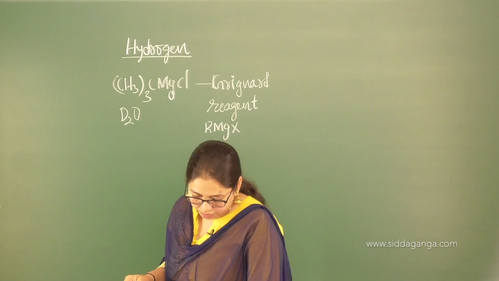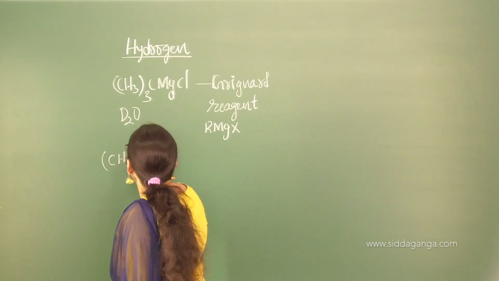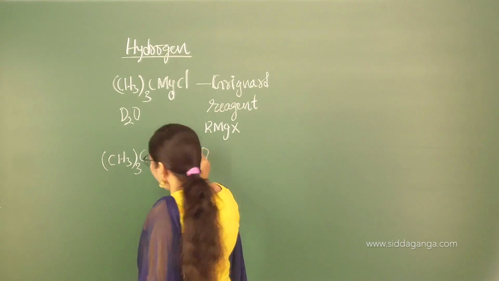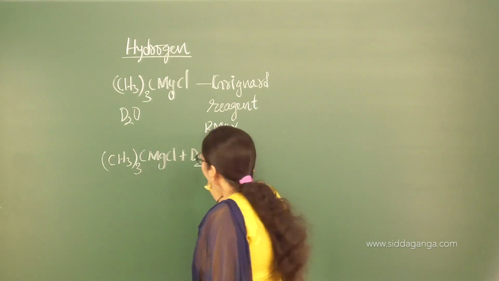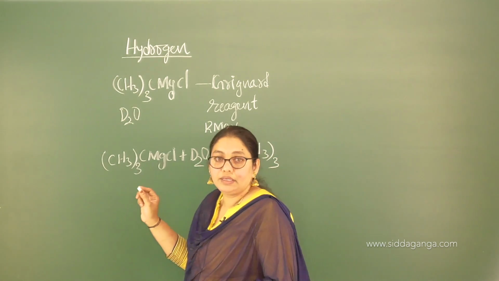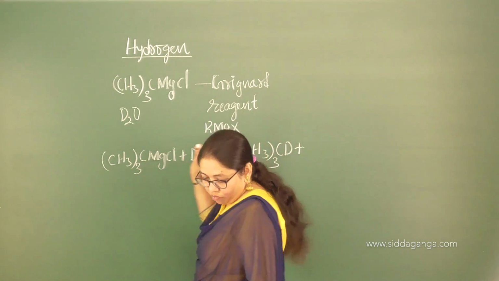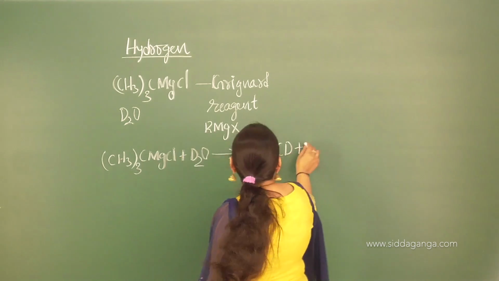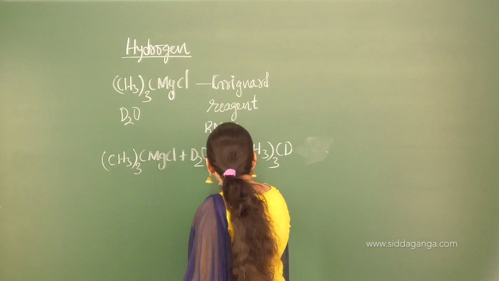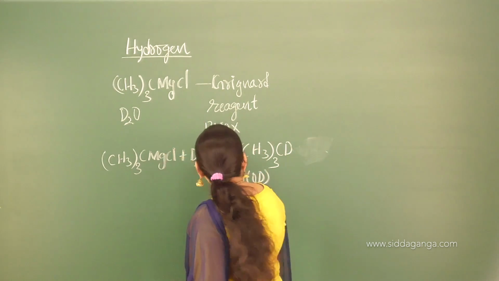If you write the reaction, CH3 thrice CMgCl plus heavy water, D2O, it will form CH3 thrice CD, with the formation of MgOD, and what is the halogen here?